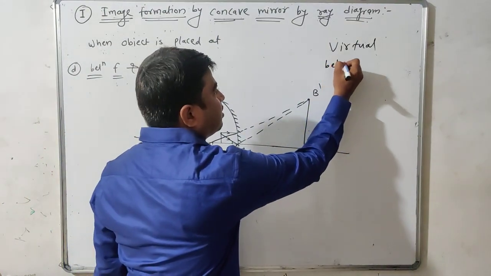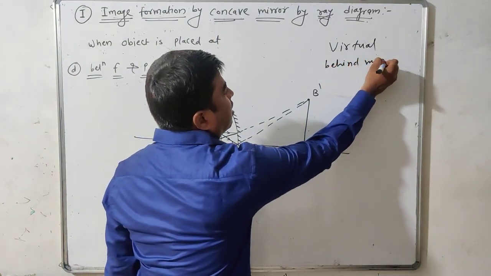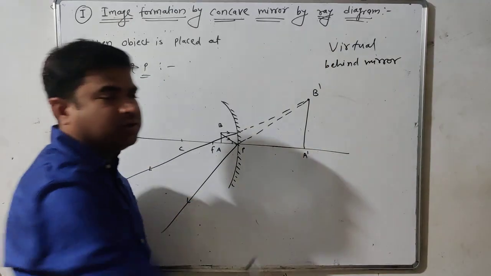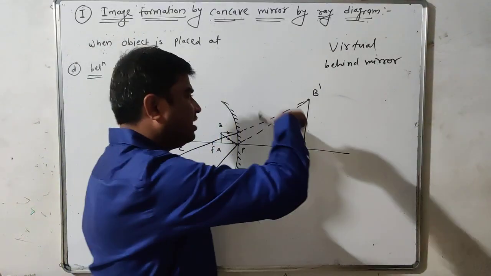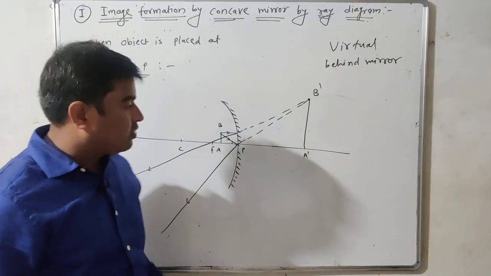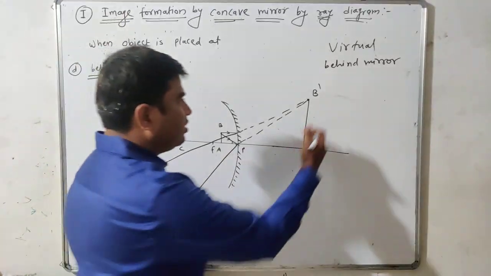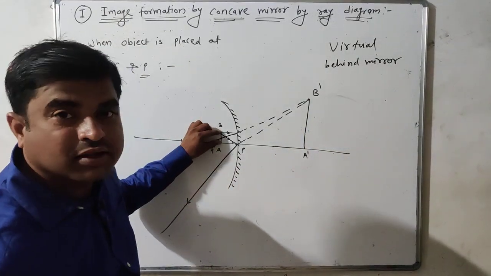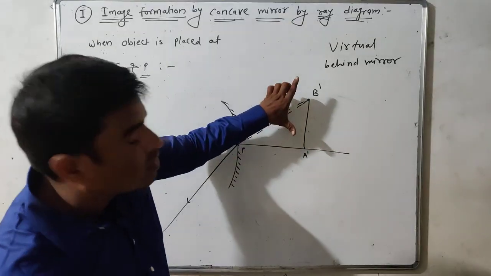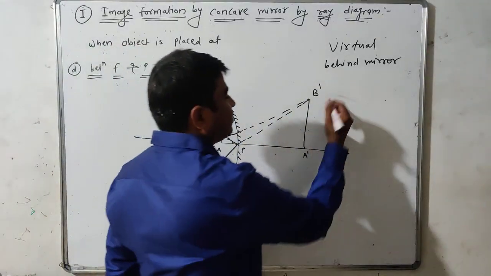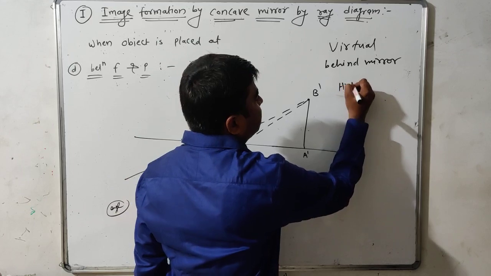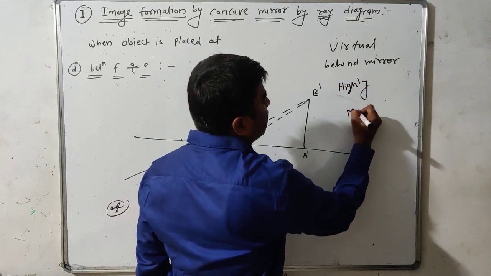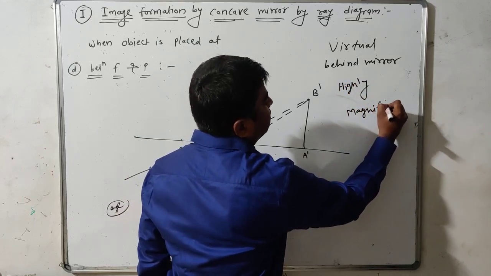Behind mirror, not located here but looks like it is at that point. And you can see here this is the size of object, but the image is of much higher size, so we can say that it is highly magnified.